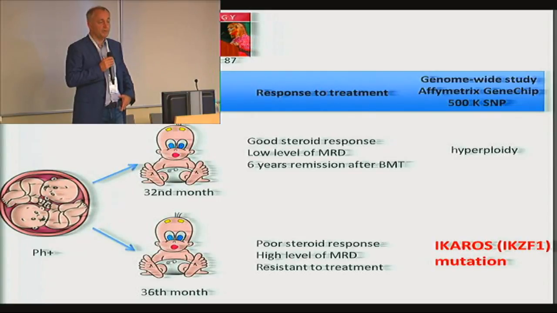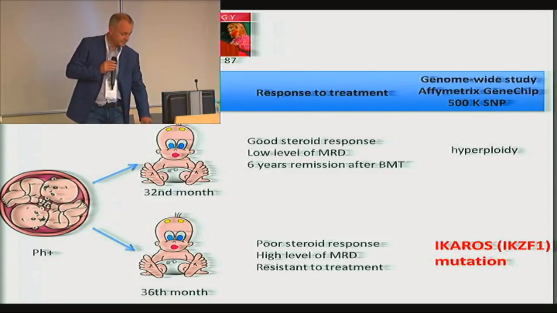So the primary hit was completely the same, and the outcome was the same because they both developed acute lymphoblastic leukemia. But unfortunately, one of them had a very unusual deletion for patients at that time, and this guy did not respond to our treatment.